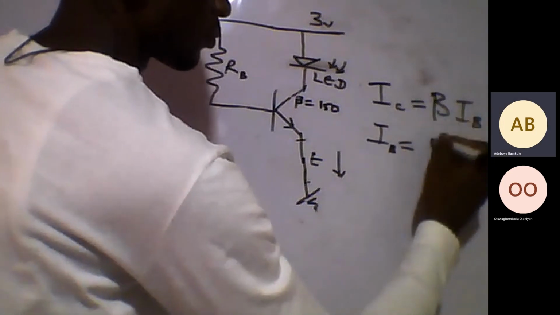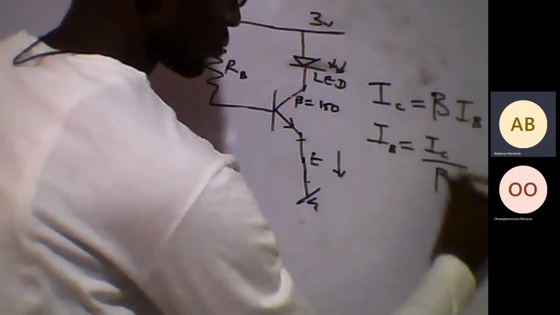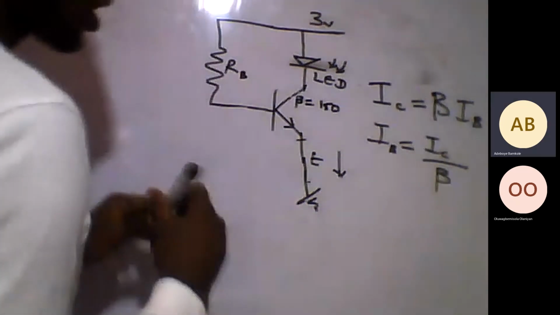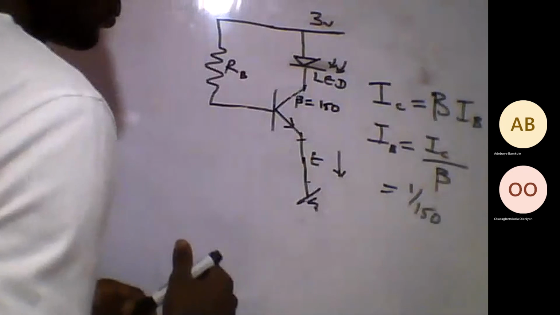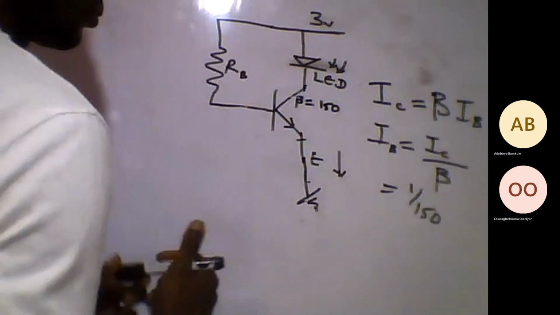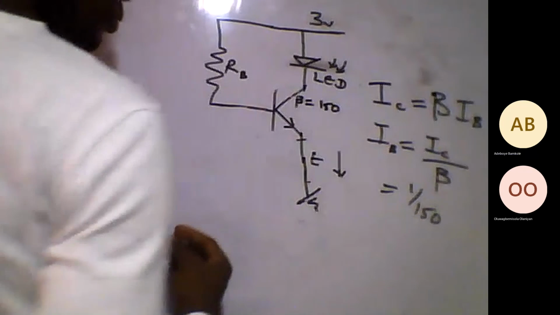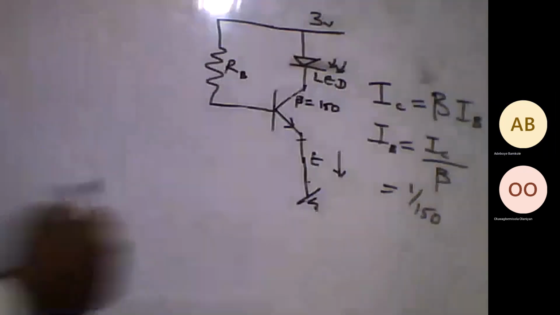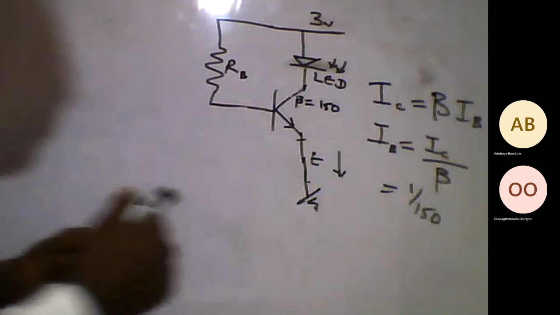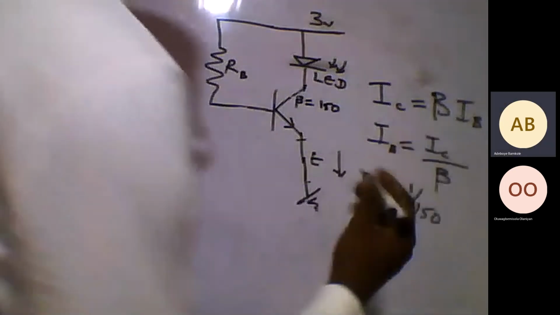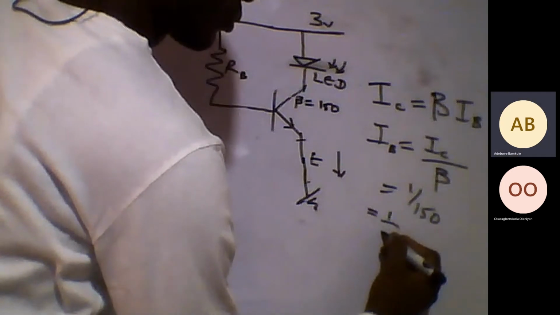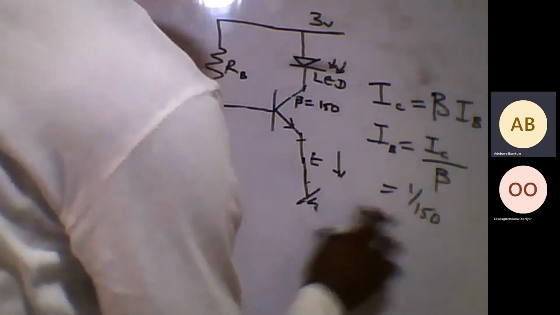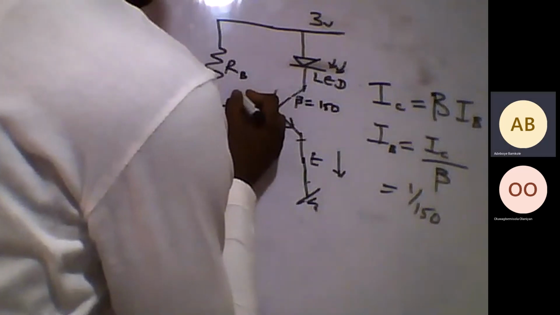That is IB, that is IC over beta. 1 divided by 0.05. That is 66.67 amps. Milliamps.